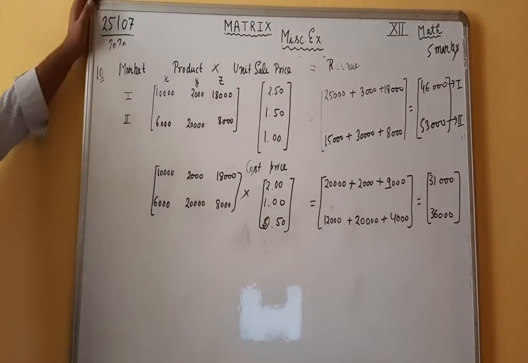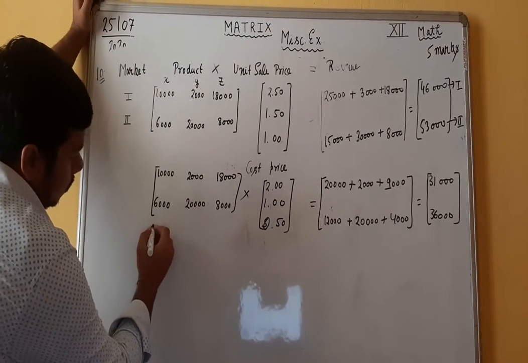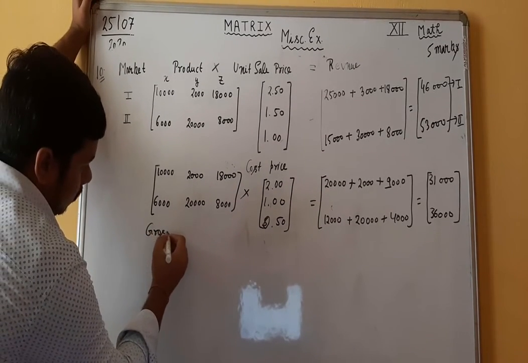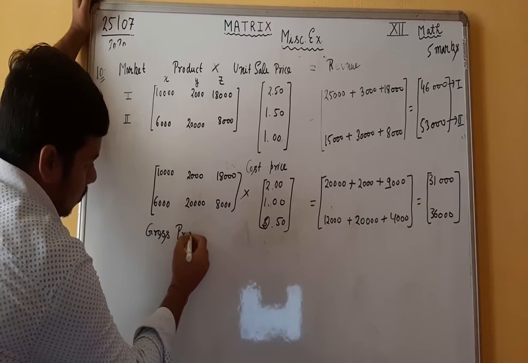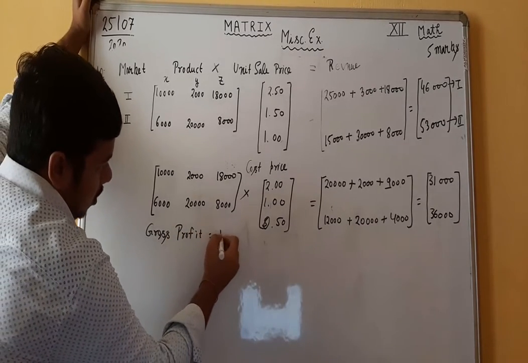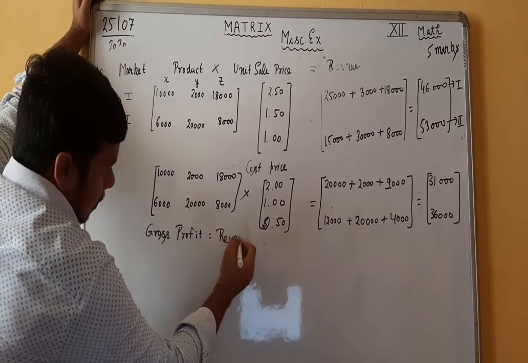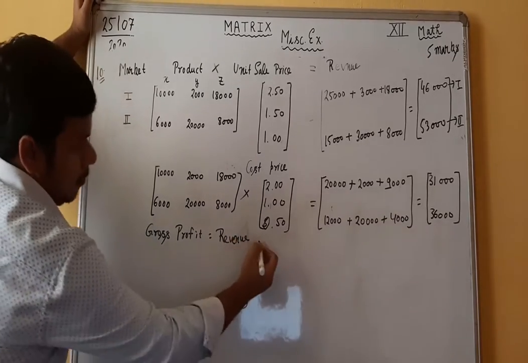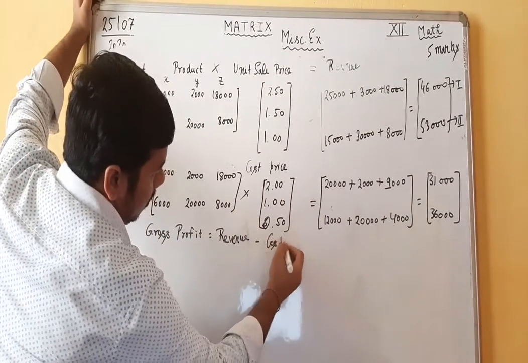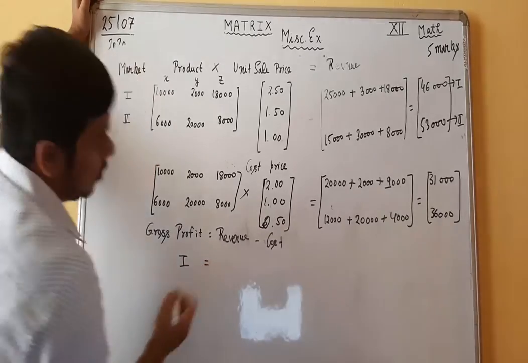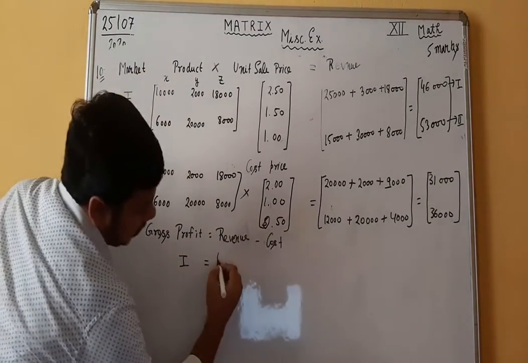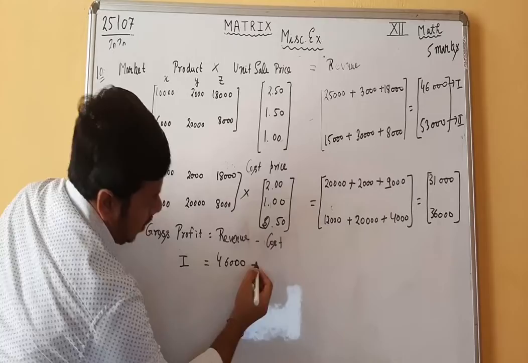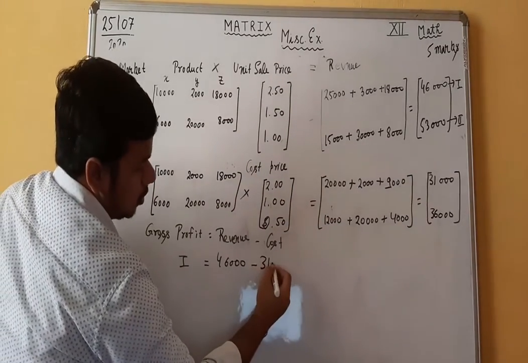Now, if we have to find the gross profit, then we use this formula. Gross profit is equal to revenue minus cost. For the first market, the revenue is 46,000 and cost is 31,000.